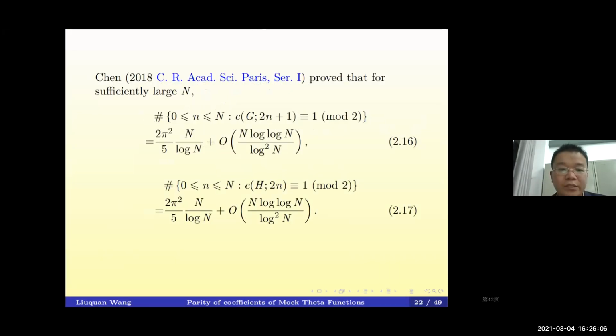And based on this characterization, Chen gave some specific estimation for the number of odd values and the number of even values, and we can see that the main terms are both 2 pi squared over 5 times n over log n, and the error term is also the same.